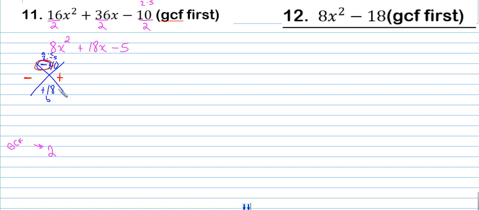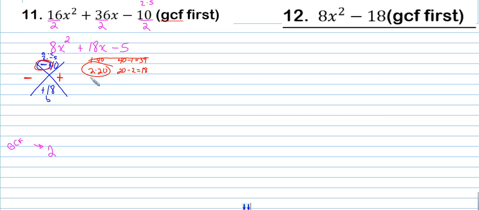So we got to think, okay, well 40 is 1 times 40, and that's 40 minus 1, which is 39. Well, that's not going to work. We have 2 times 20, and so we do 20 minus 2, which is 18. Oh, well, there it is. We don't even have to go further than that. Okay?